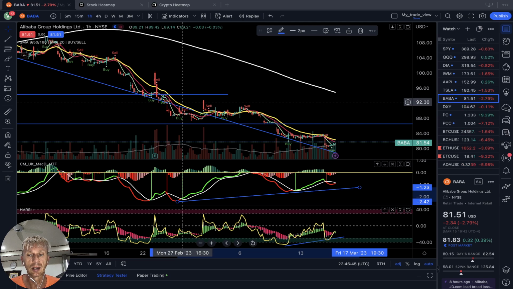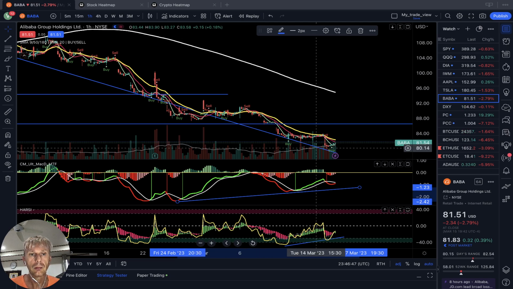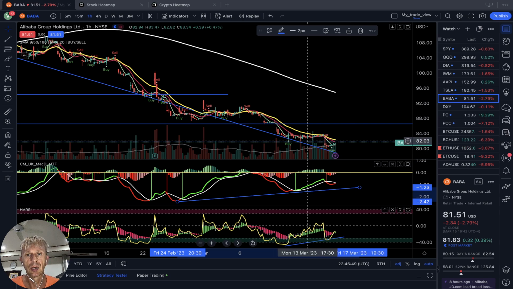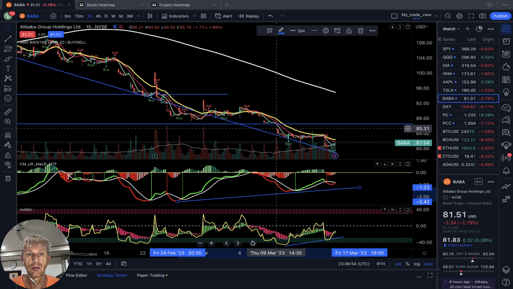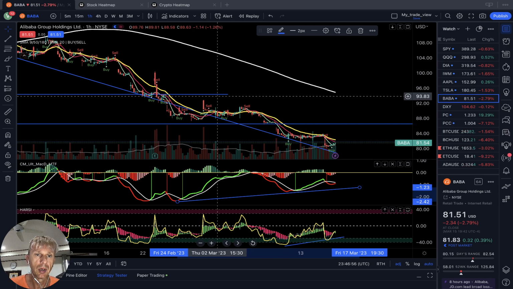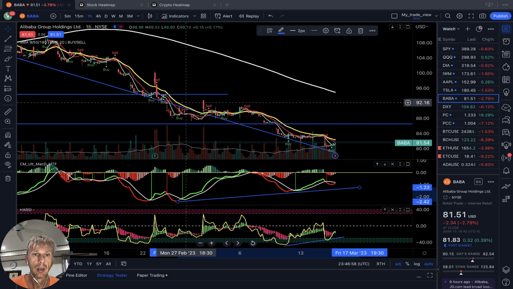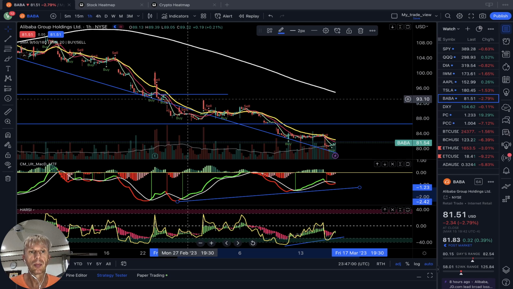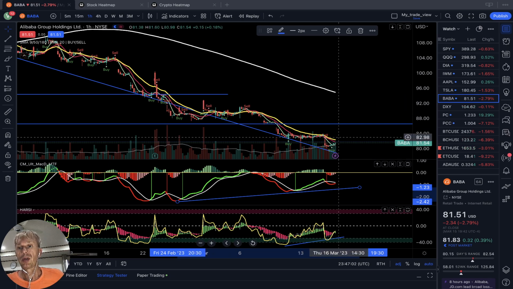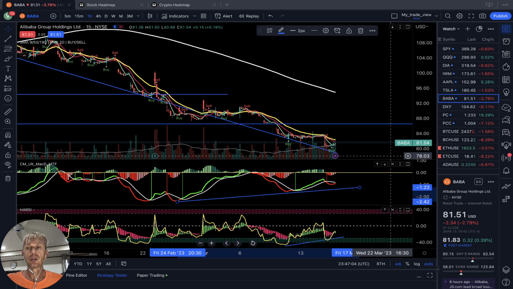It also has some gaps, around $86, $85, and also around $90, $94, $92. Still bearish trend with bullish divergences.